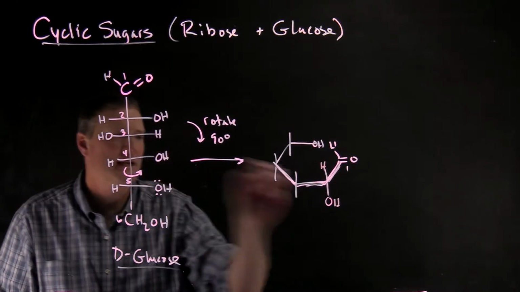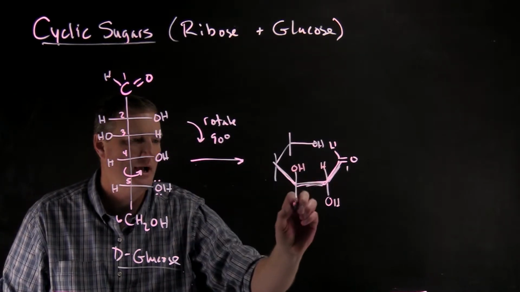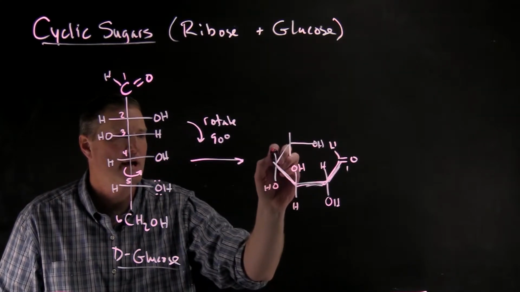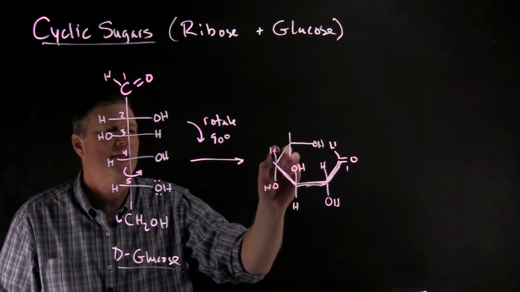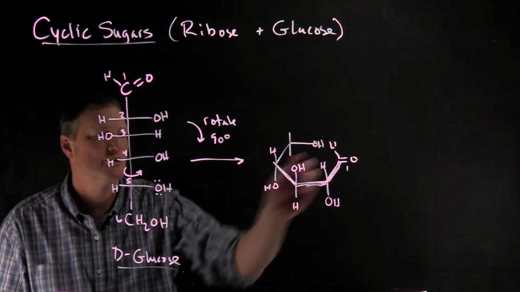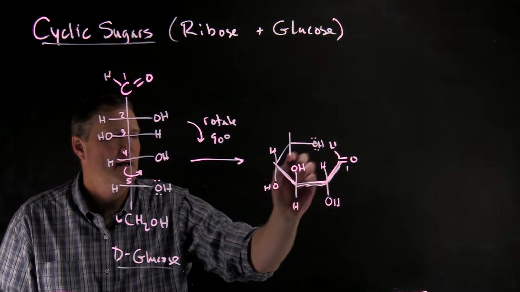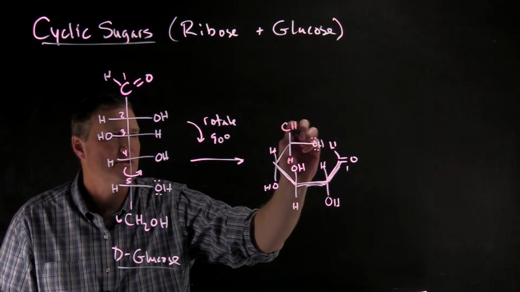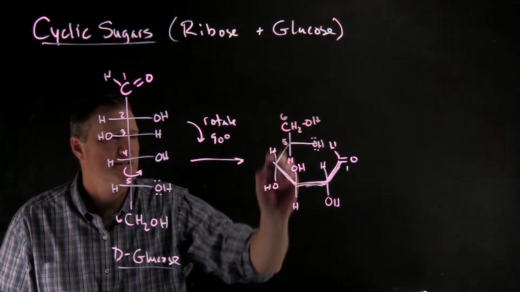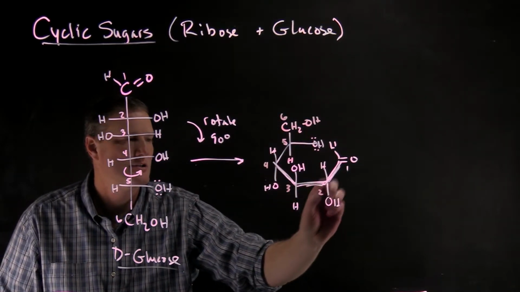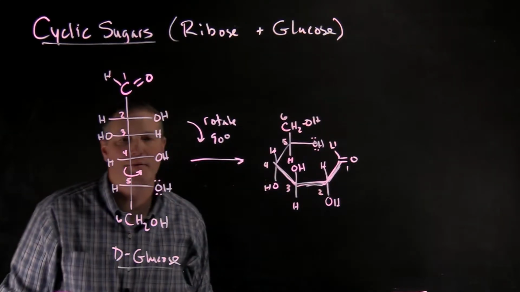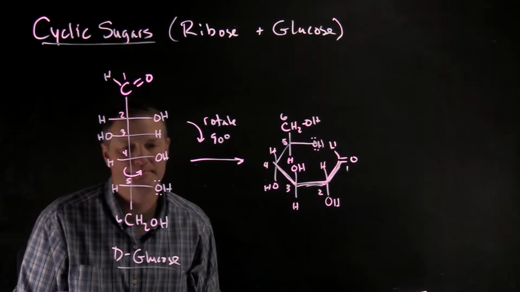Notice carbon 3 alternates, so this OH is going to be up, hydrogen down. Carbon 4 alternates as well, OH down, hydrogen up. And because I did this slight rotation between carbons 4 and 5 to position the OH near the aldehyde, I have a hydrogen going down and then CH2OH. This is carbon 5, this is carbon 6, 4, 3, 2, and then 1. Okay, so I've now positioned the OH coming off carbon 5 next to the aldehyde.